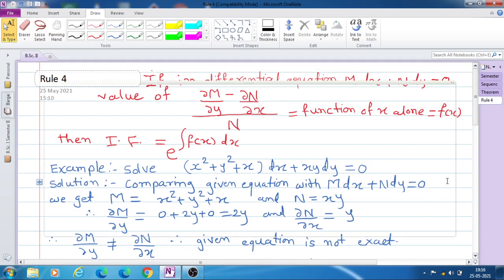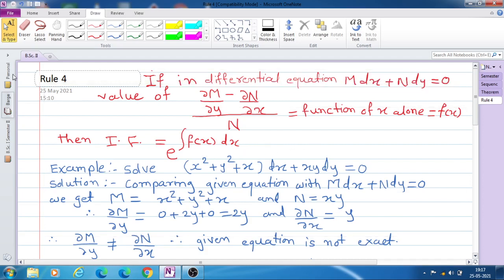If the differential equation M dx plus N dy is equal to 0, the value of (∂M/∂y minus ∂N/∂x) divided by N is equal to a function of x alone, that is f of x, then integrating factor is equal to e raised to integral f(x) dx.